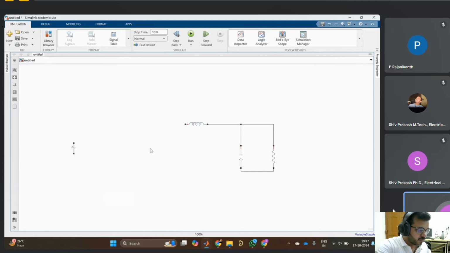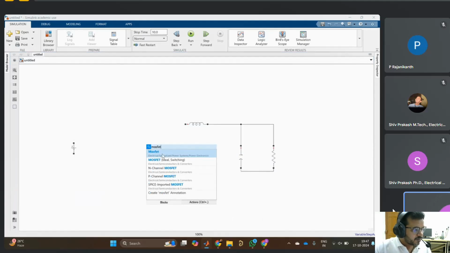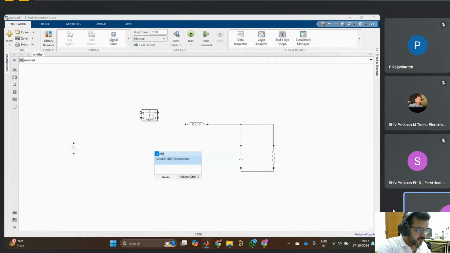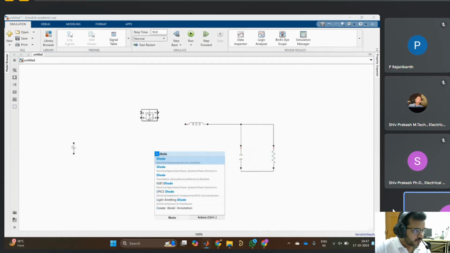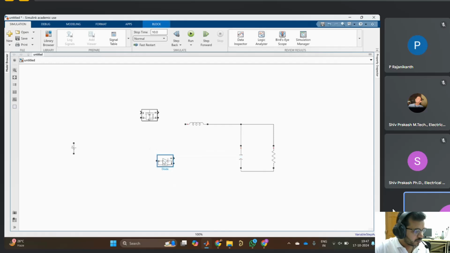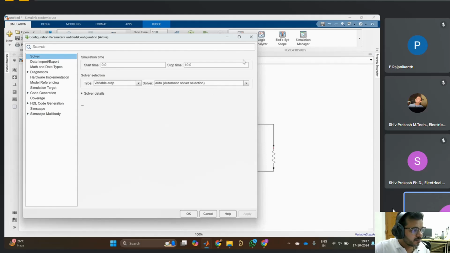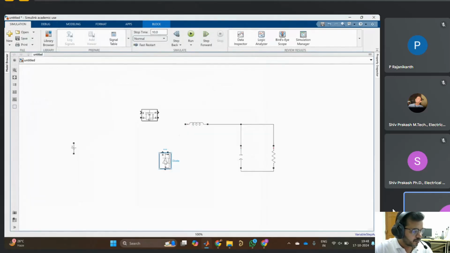Then it is a MOSFET. Then the requirement of a diode, anode and cathode.